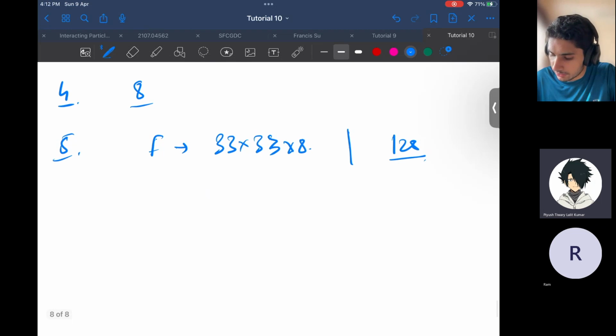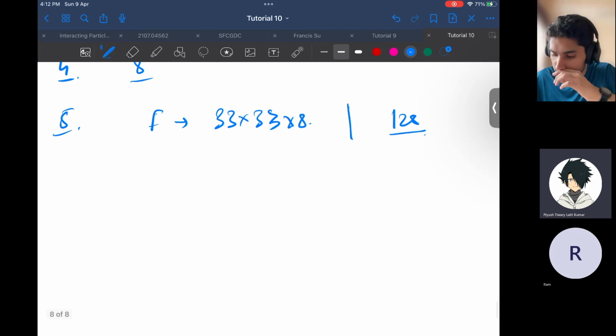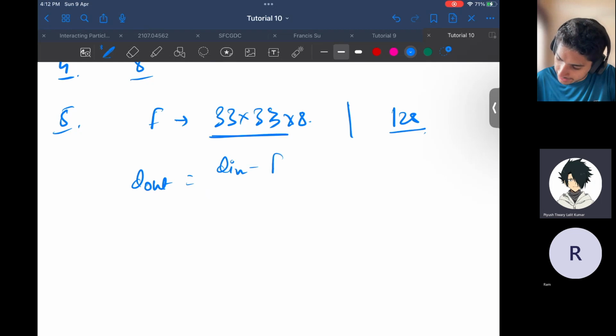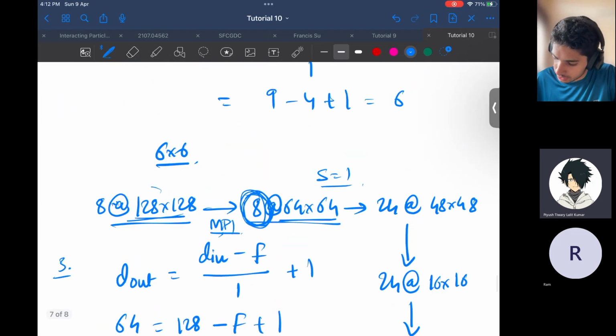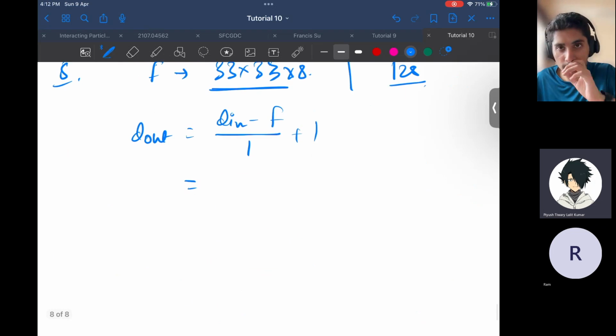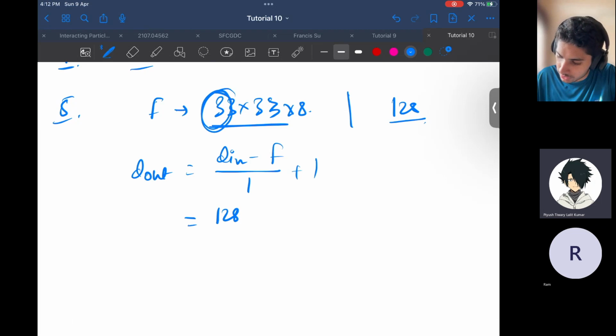Whenever we have this type of question, it's very simple. We know that the size of the filter is 33, right? If we know that, we will just apply this formula: D out is equal to (D in minus F) by 1 plus 1. So what is D in? Let us look again. The input had 128 size of width. So it's 128. Filter is given to be of size 33.